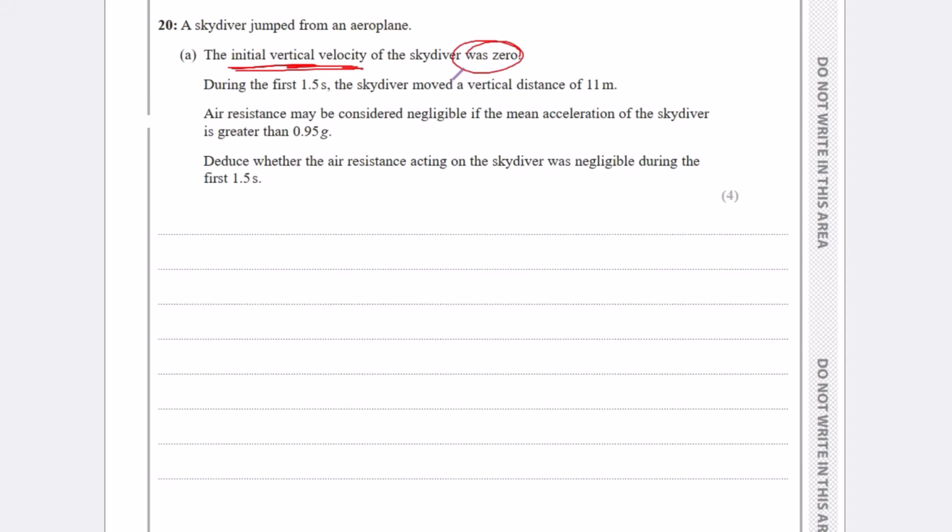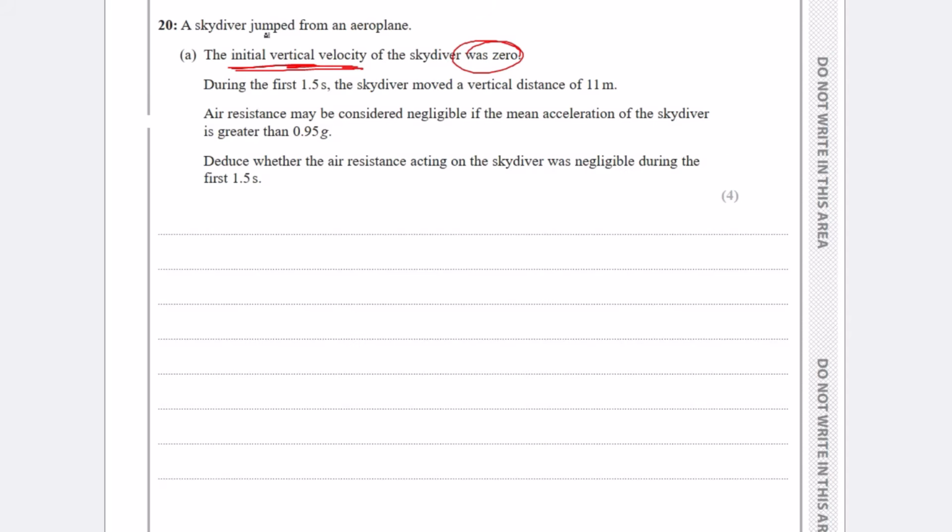Fine. Air resistance may be considered negligible if the mean acceleration of the skydiver is greater than 0.95 g. Okay. Deduce whether air resistance acting on the skydiver was negligible during the first 1.5 seconds.